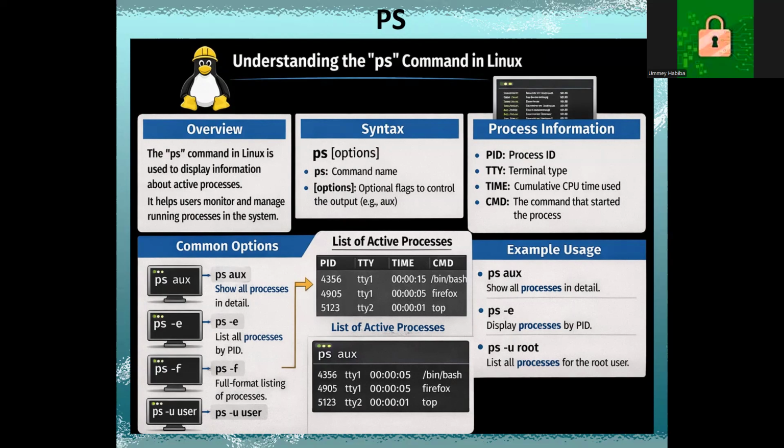For example, if we write ps -e, this will display all the processes currently running in the system, while ps -a shows processes of all users associated with a terminal. The ps -f option provides a full format listing that includes additional details such as the parent process ID, also called PPID, user ID, and the start time of the process.